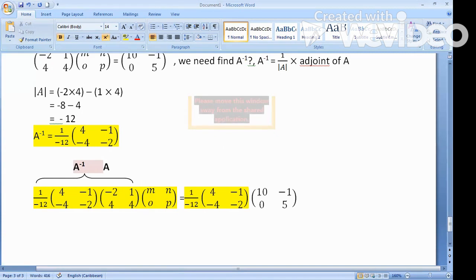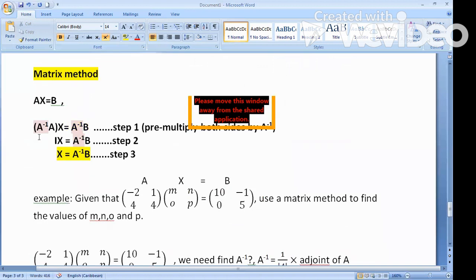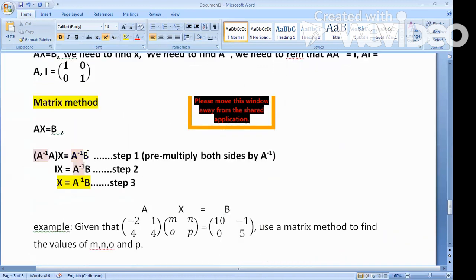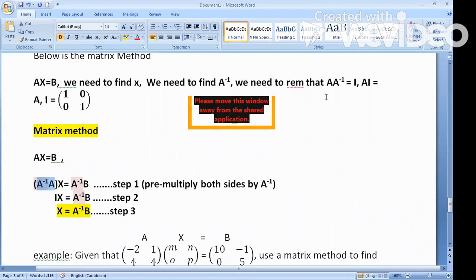This is A, right? That's A. And all of that is what? A inverse. What is A inverse times A? A times A inverse or A inverse times A will give us what?